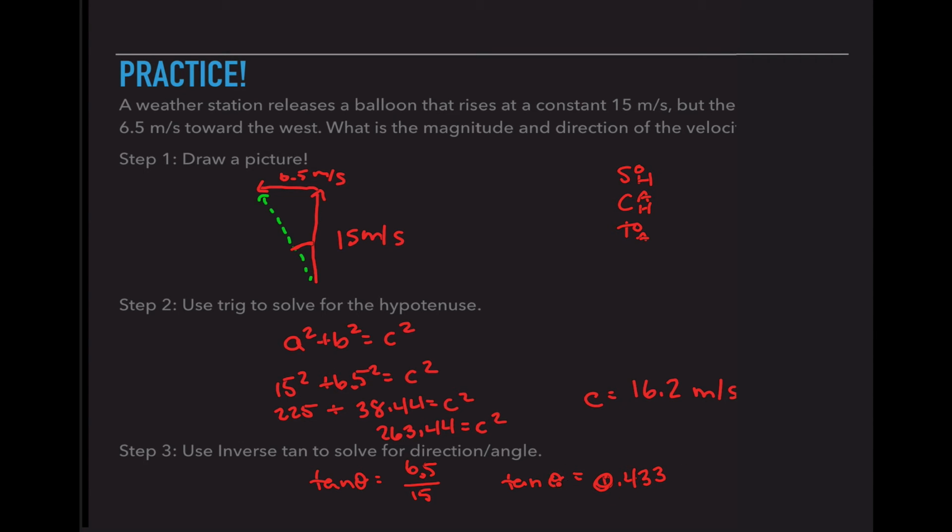Now since I don't have this theta, but I do have this number, I need to get rid of this tangent. So I'm going to inverse tan both sides to cross off those tangents, and I'm left with theta equals tan to the minus 1 of 0.433, and theta is 23.4 degrees. So we're traveling technically northwest at a 23.4 degree angle.